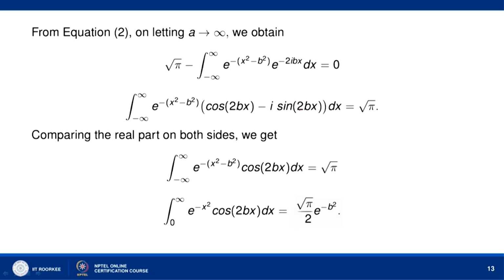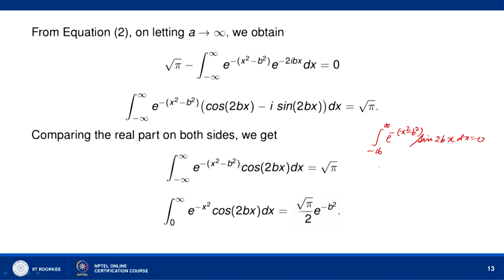So if you equate the imaginary part, it will have value 0. The integral over minus infinity to infinity of e to the power minus x square minus b square sin 2bx dx will be equal to 0.